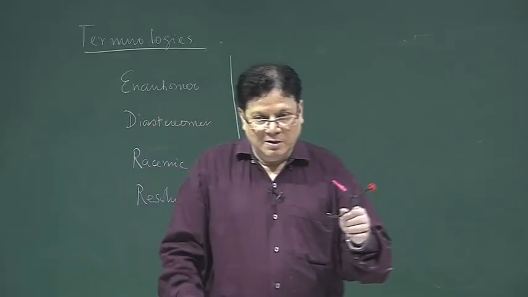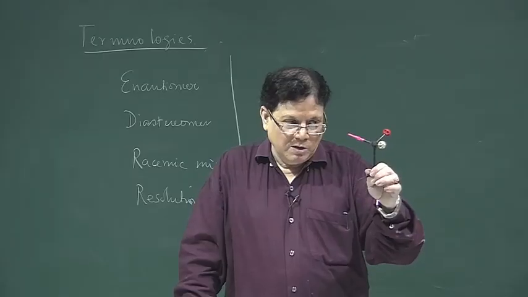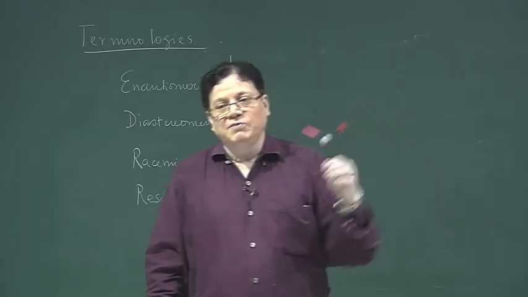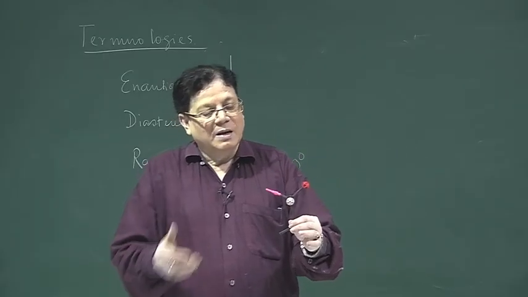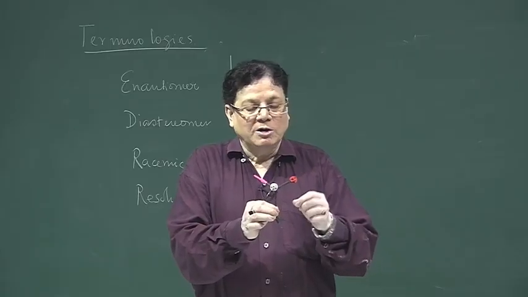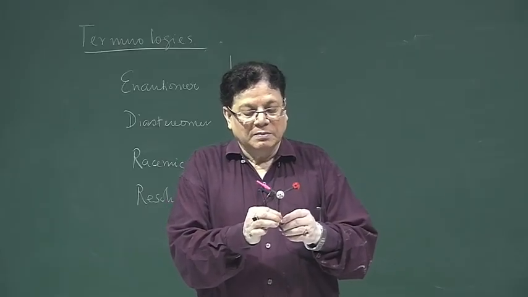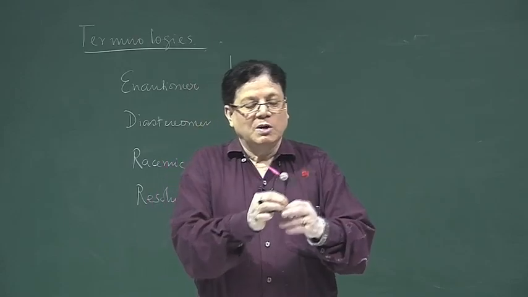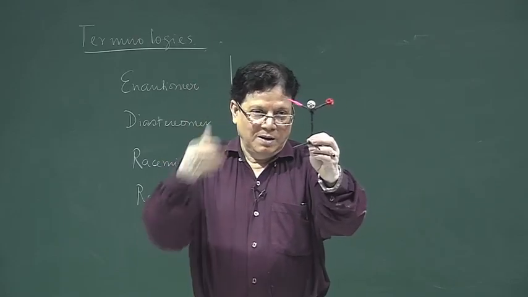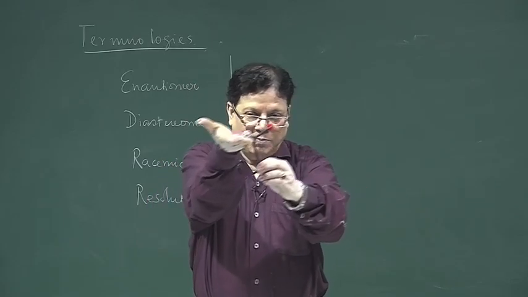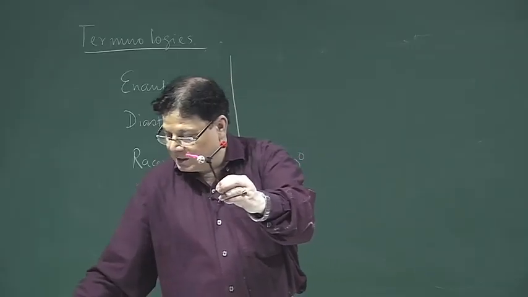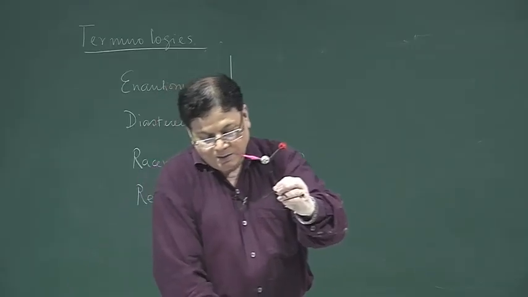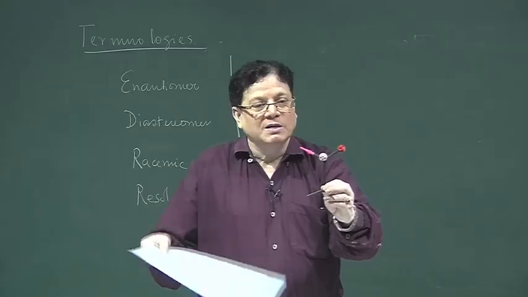If you inspect the tetrahedron, it has some special features. First of all, you cannot place more than 2 bonds in one plane. So, you have this tetrahedron, and these 2 bonds can be in one plane, but you cannot place 3 bonds into one plane.